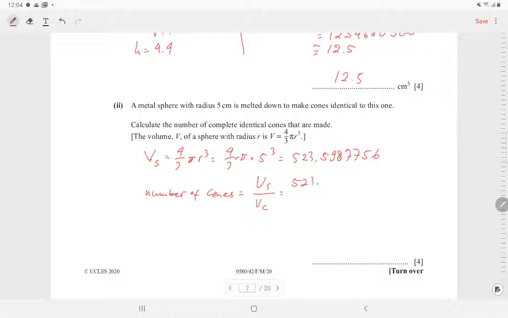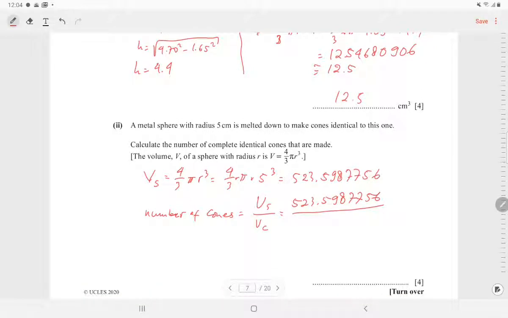So 523.5987756 divided by 12.54680906. So the answer is 41.7316285. Because this is the number of complete cones, it means the whole number. So it's 41.